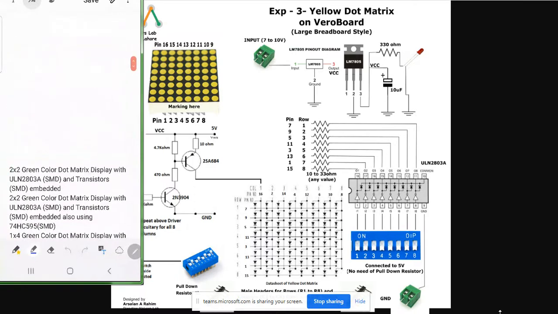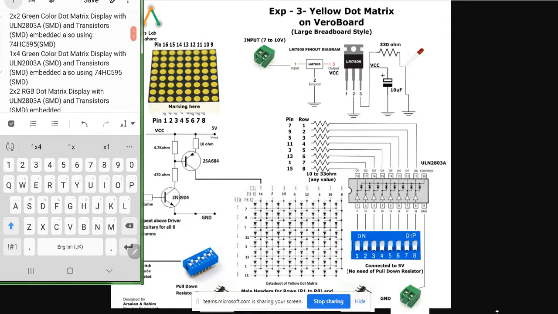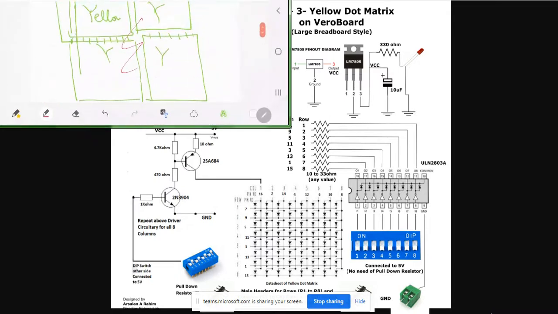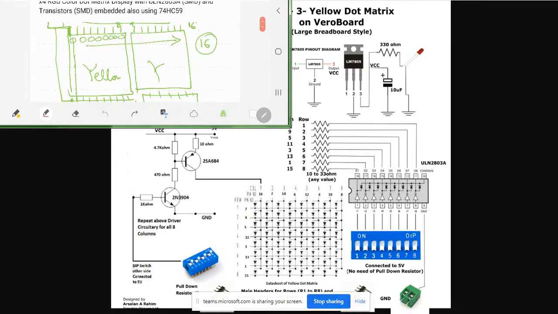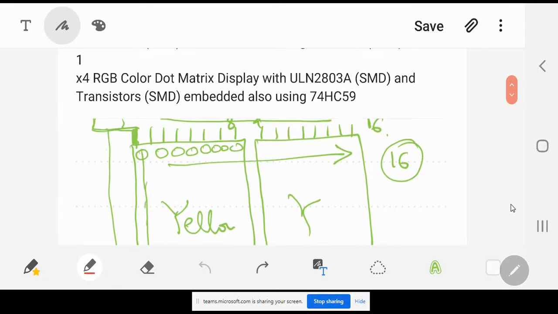This has gone a little above here. Okay, now this is working. I hope everyone can have a look at this now.